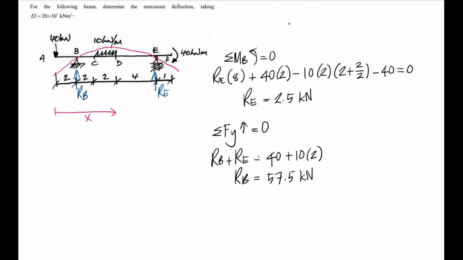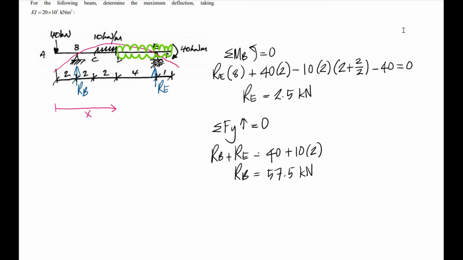Since we're dealing with a UDL, we must extend the UDL beyond point D to the end of the beam. Then we must put an upward load from D onwards to cancel the effect of the extra load.